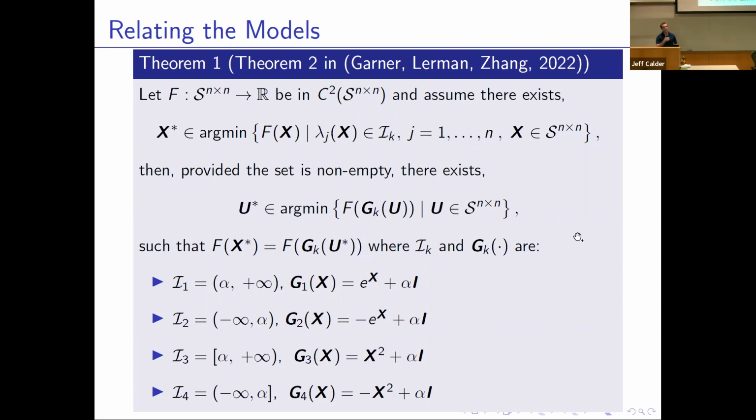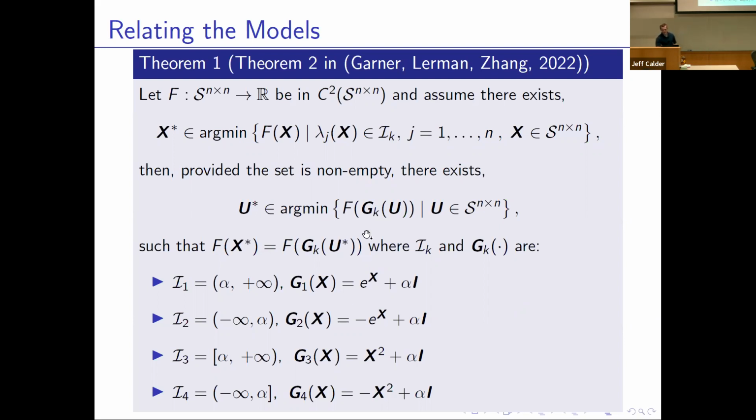And I'm able to obtain the global minimizer to the original problem from the unconstrained problem. An example would be this first one. I want all my eigenvalues to be strictly greater than alpha. This can be handled by the matrix exponential, and we're adding alpha times the identity. In this case, it's very nice because the matrix exponential is invertible, it's bijective. So you can see the relationship between these two problems.